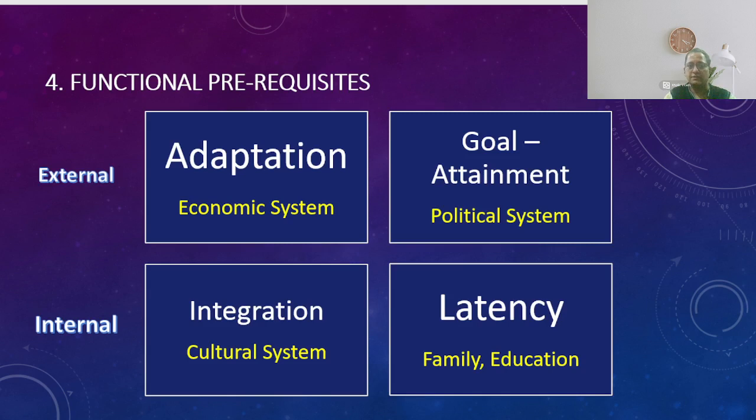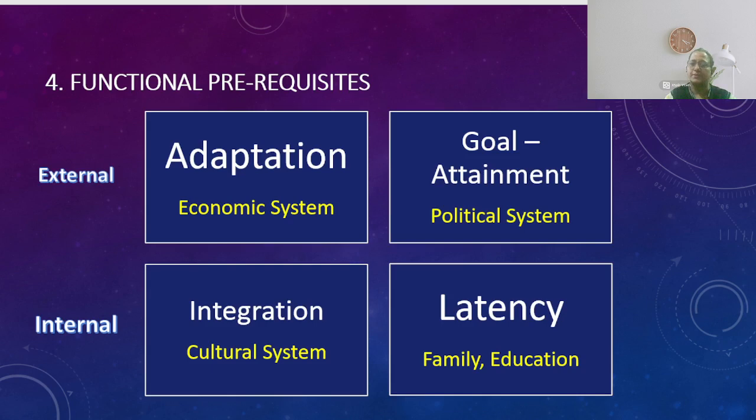And this biological function is attained by adaptation, something you have already read in Karl Marx also: the changes happening in the society, the transformation from one society to another, are caused by, and the entire system takes place in, the economic system. So adaptation takes place via the behavioral organism, okay, the biological organism. The behavior you change towards your immediate environment, and this entire process takes place in the economic system.